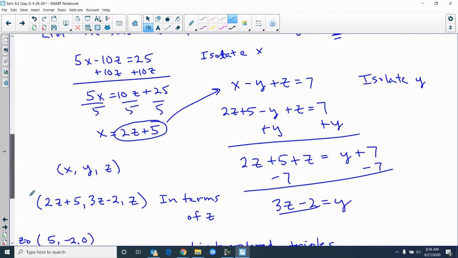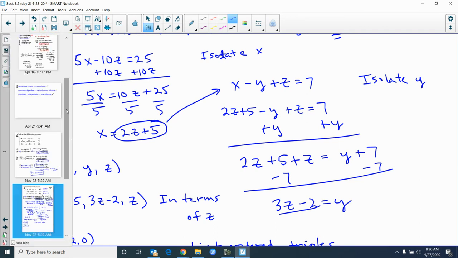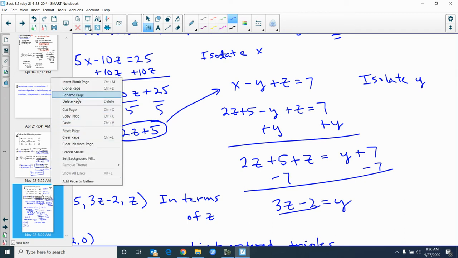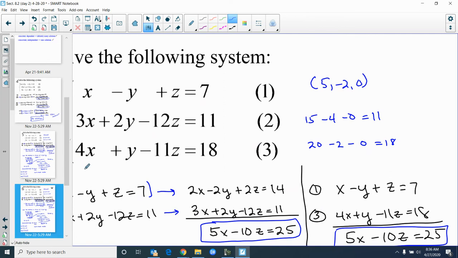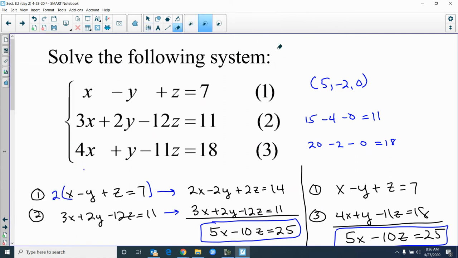All right, now that was in terms of z. I want to go through this again. I'm not going to go from the beginning. Let me see. I want to do something here. I'm going to clone that page. Okay. And I'm going to go down here and get rid of some of this stuff. You can just pay attention.